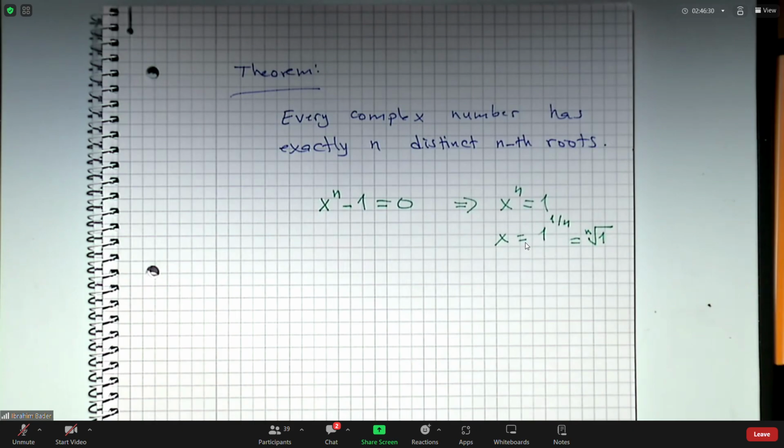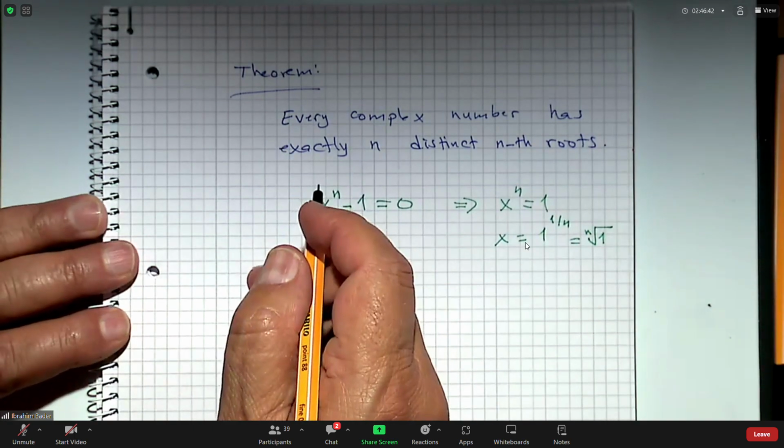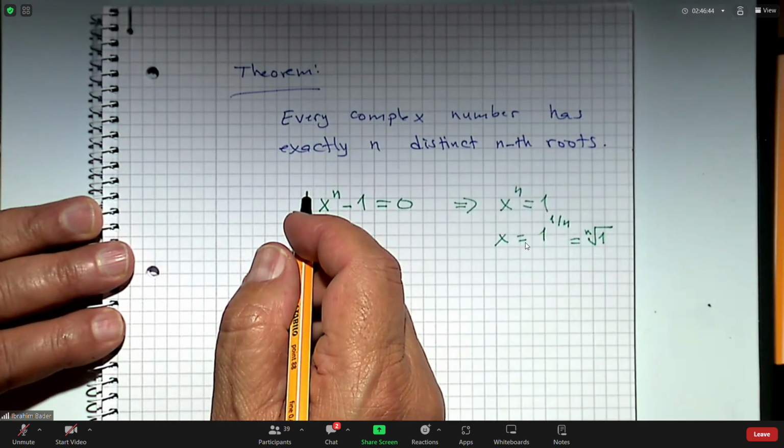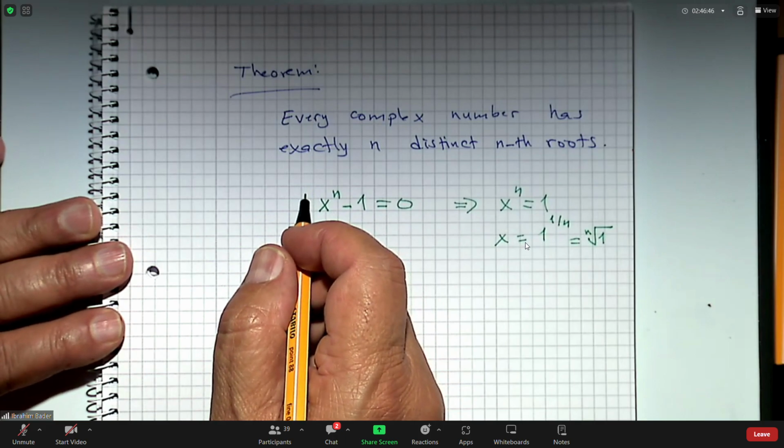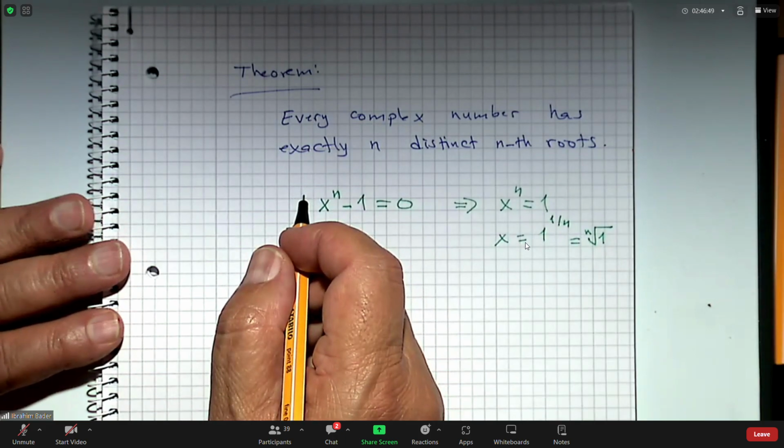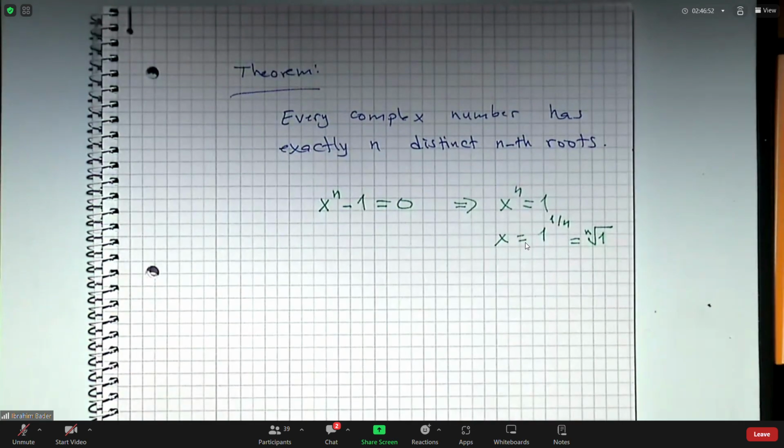When we are operating under the equation, under the complex numbers, let me just give you a simplification of the formula above.